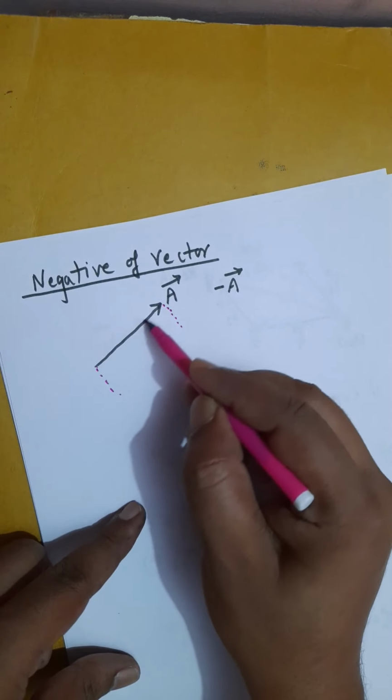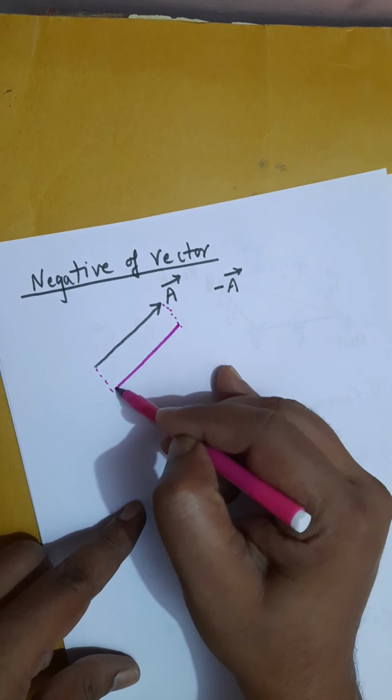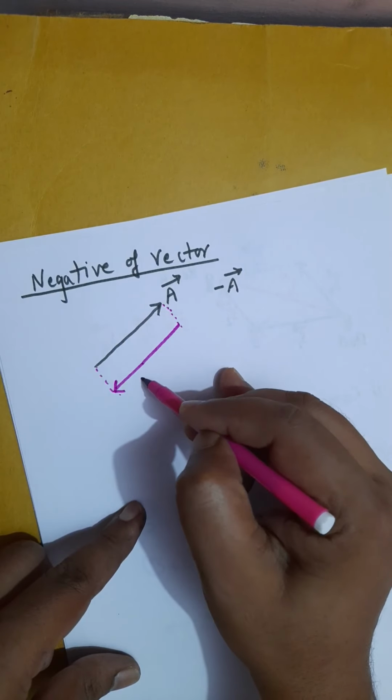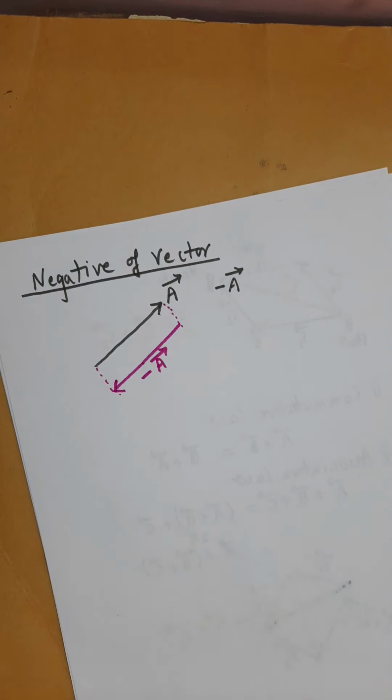So if it is your a vector of certain length, with the same length, just put the arrow on the other side, and now this vector will be called negative of a vector, nothing else. So vector a and vector minus a have the same value. The only difference, they are exactly opposite to each other.